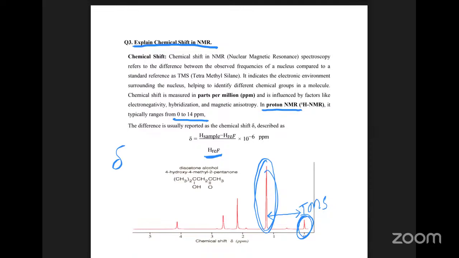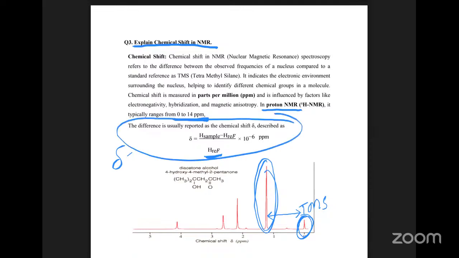We'll describe in detail the del value calculation later. So in short, what exactly is the chemical shift in NMR spectroscopy? The distance between TMS, the standard in NMR spectroscopy, and the peak observed is called chemical shift, which is measured in del. In PMR, it ranges from 0 to 14. If you want to write this formula, it will be appreciable.